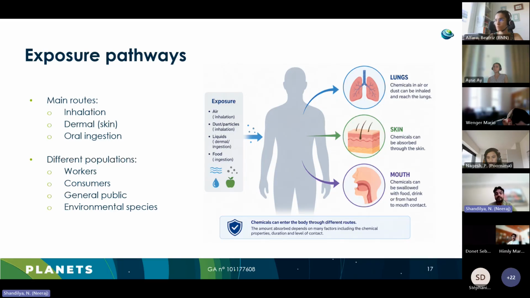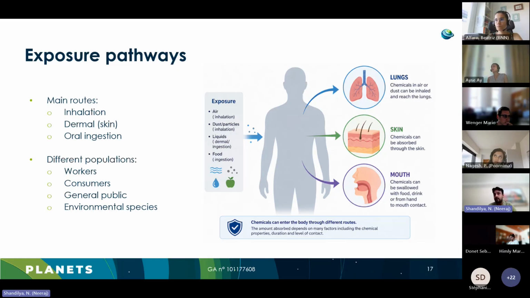We also need to consider different populations, because not all people are exposed in the same manner. A worker could be exposed in a different manner than the consumer. Workers are in factory floor settings. Consumers are sitting in their households. The general public is mainly exposed through indirect ways, for example, consuming water which has been contaminated beforehand, from your local water reservoir.